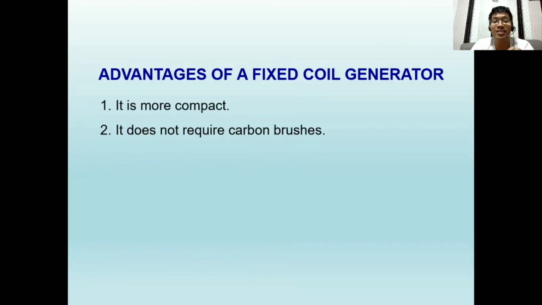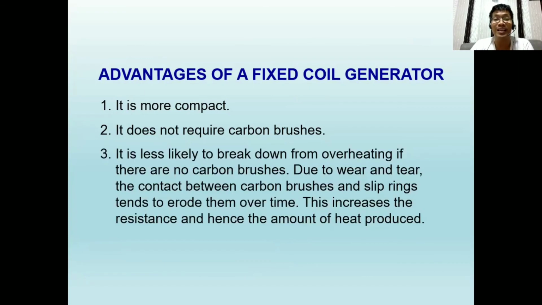So what are the advantages of a fixed coil generator? First, it is more compact. Second, it does not require carbon brushes katulad nung kaninang diniscuss natin. Ang kinaganda ng walang carbon brushes ay maiwasan natin ang breakdown ng buong system due to overheating.